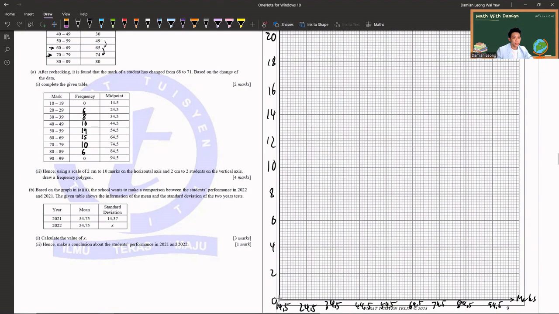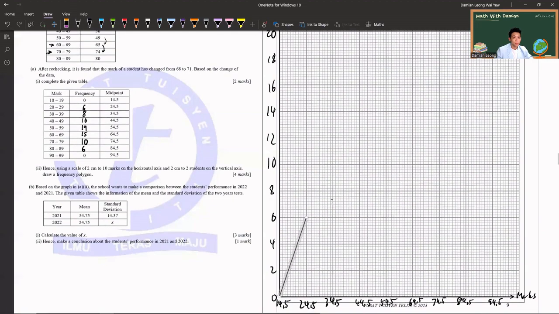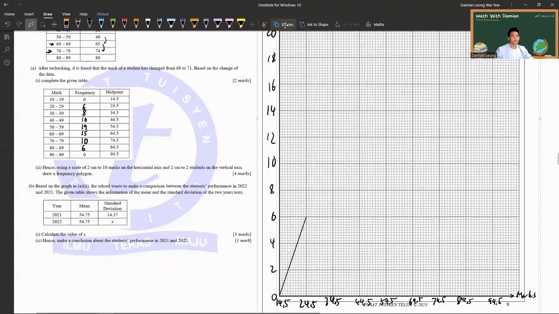Then start from frequency 0, go to 6. Then to 8.